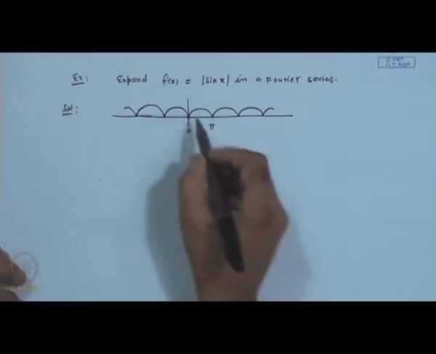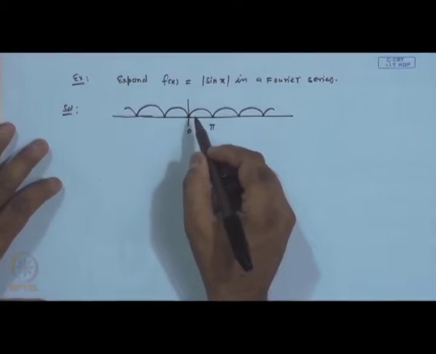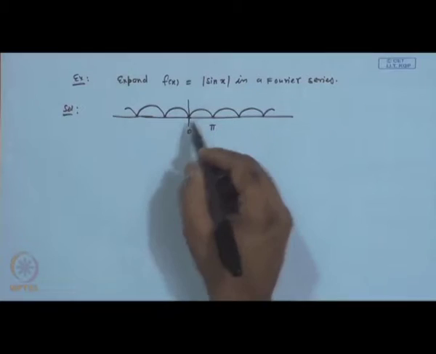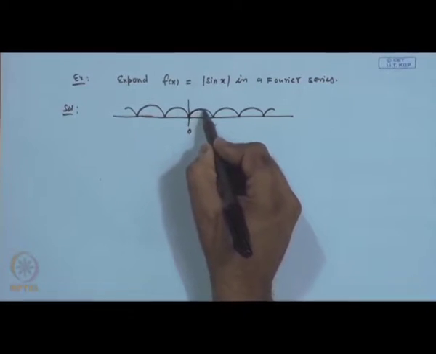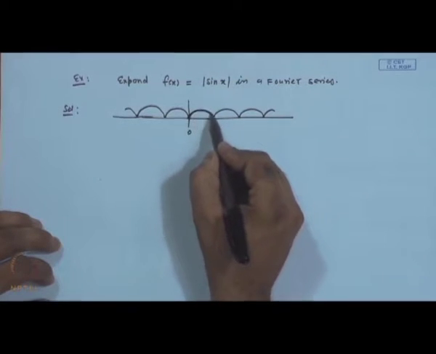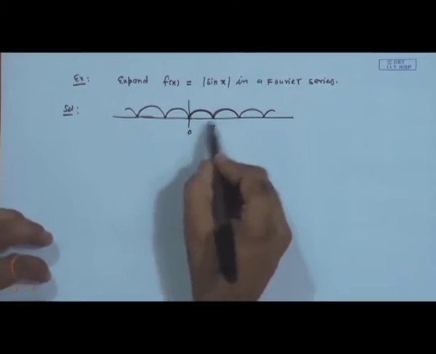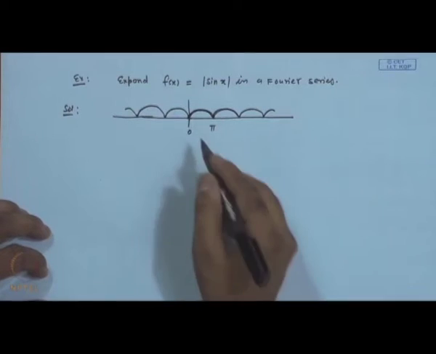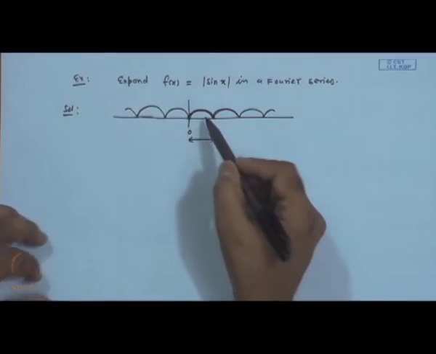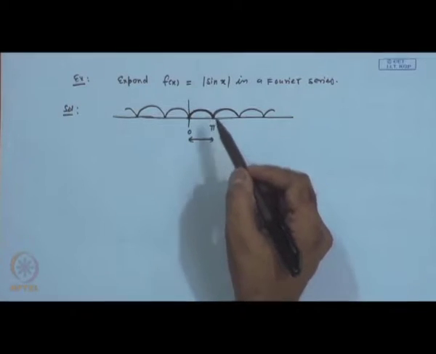Now there are two possibilities to get the Fourier series of this problem. We can see that pi is a period of the function, because it repeats the same values after pi. So we can work in the interval 0 to pi, taking pi as the period of this function.